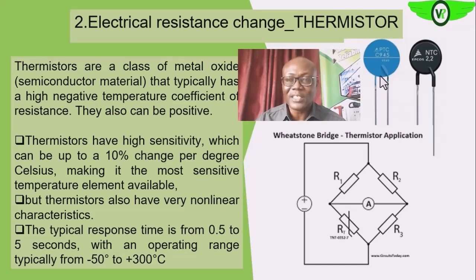That is, as the temperature is increasing, the resistance of the thermistor goes down. They have high sensitivity, and that is why you see them mostly in electronic circuitry or processes that need high sensitivity and are not too harsh for thermistors.